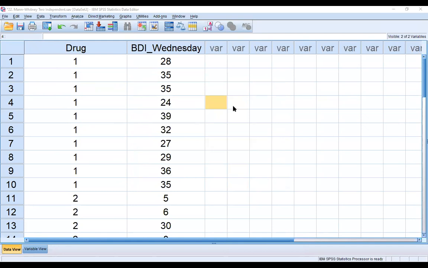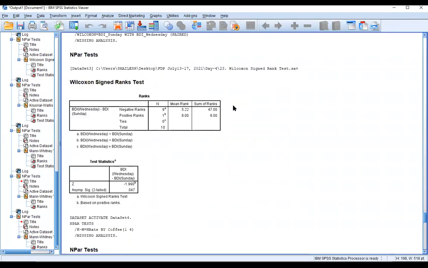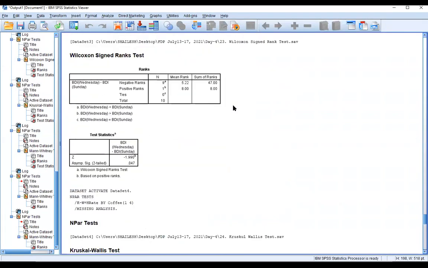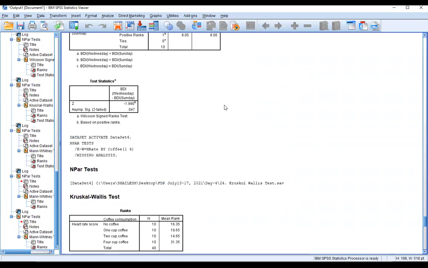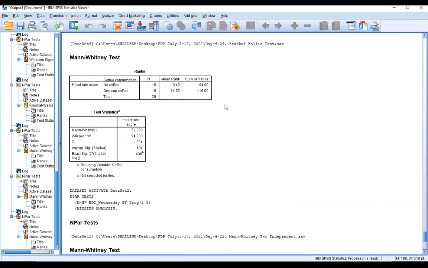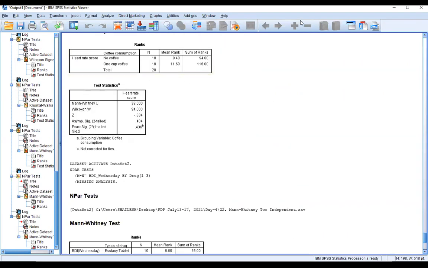So when we compare with the Mann-Whitney U test, here this one coffee. Now I am comparing no cup coffee with one cup coffee. Look, the mean ranks are 9.4 and 11.4.